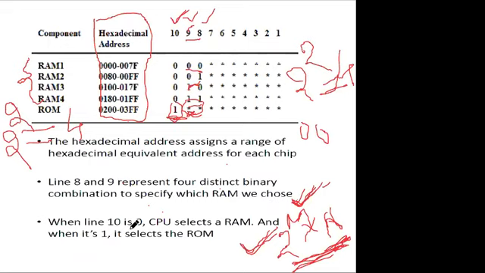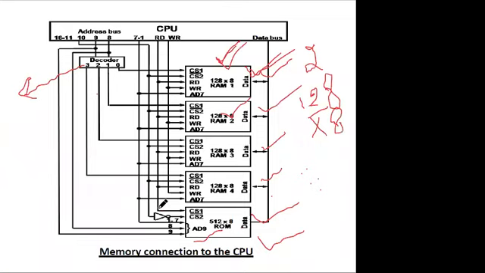When line 10 is 0, the CPU is selecting RAM, and when it is 1, it selects the ROM. At a single time, both are being selected by the CPU, but the combination decides which RAM has to operate on which address.